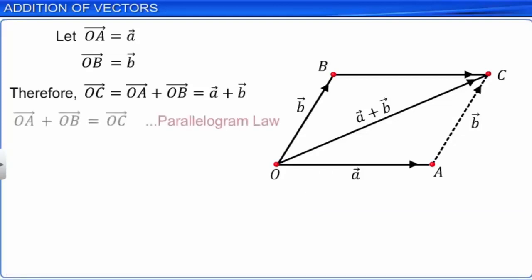Thus, by the parallelogram law of vector addition, vector OA plus vector OB is equal to vector OC.